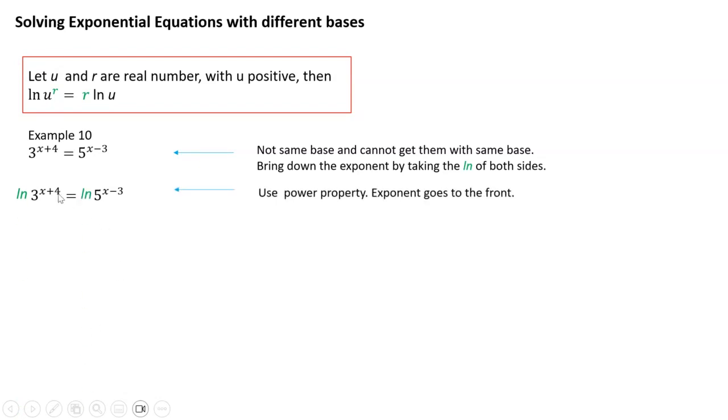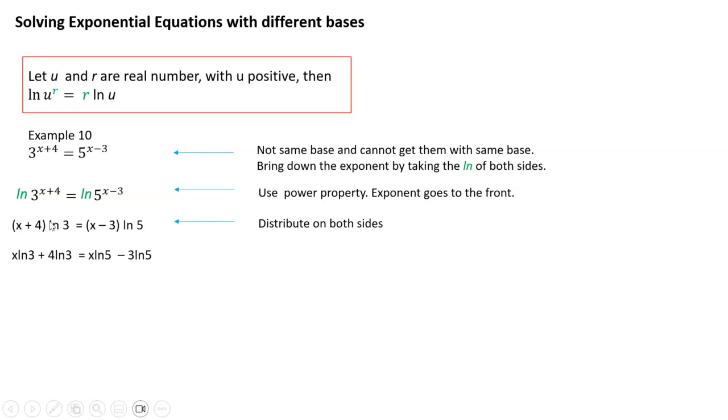Now by rule, the exponent goes to the front. The exponent x plus 4 goes to the front, so we have x plus 4 ln of 3. On the right side, the exponent x minus 3 goes to the front, so we have parentheses x minus 3 times ln of 5. Now we're going to distribute. I like to put the numbers in front.